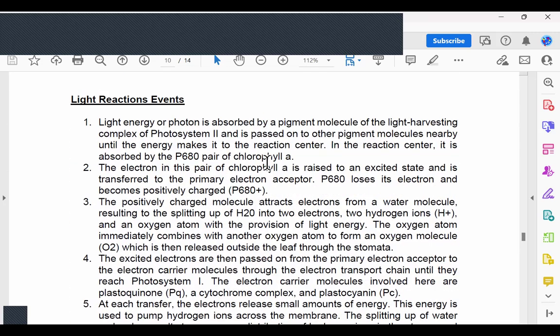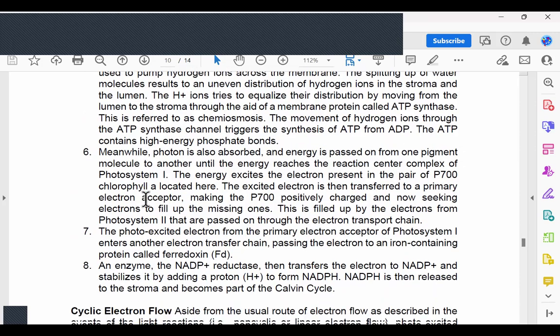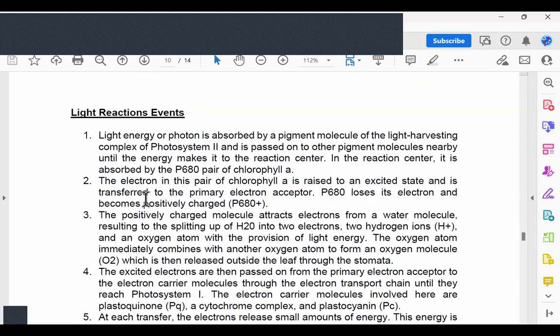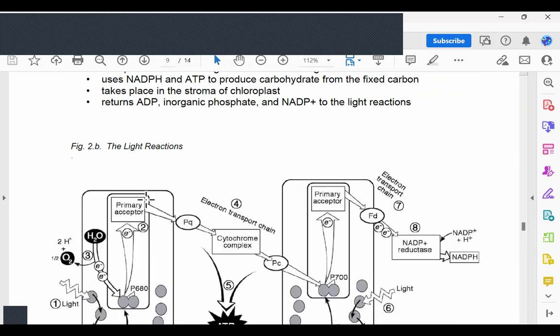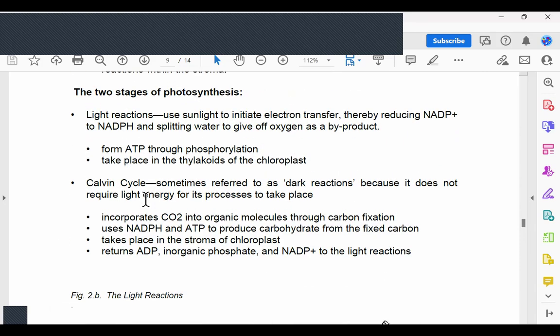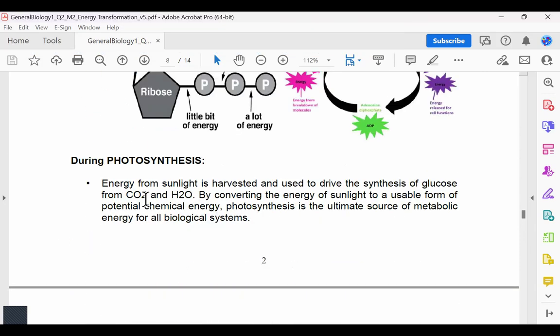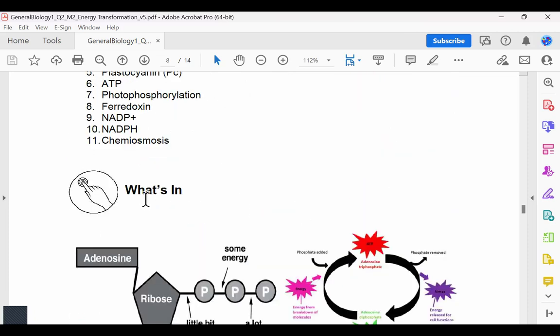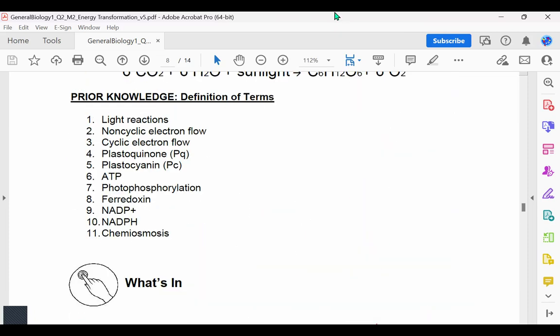Especially look at the processes of the light reaction events. They are quite long and just numerical. So just familiarize yourself with the vocabulary in here, and then we will go with the video. It's easier to dissect. So I will stop sharing this.